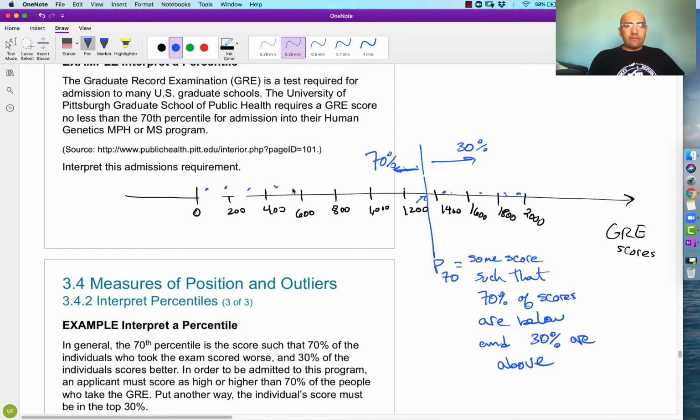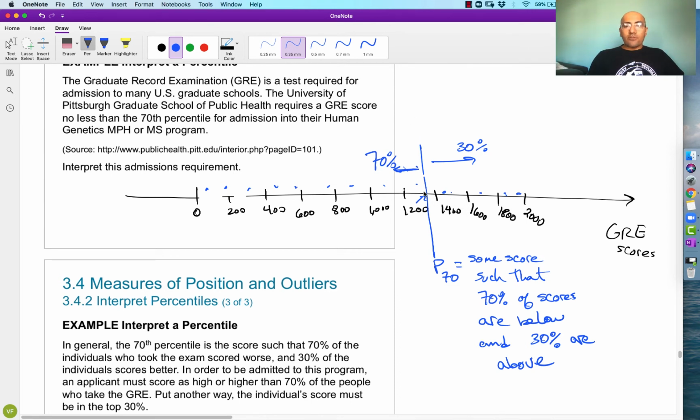Maybe they're really evenly distributed. Right? But the P sub 70 score will be the score that separates the lowest 70% of all the scores from the highest 30% of the scores. Right? That's the idea we're going after, whatever that value may be.